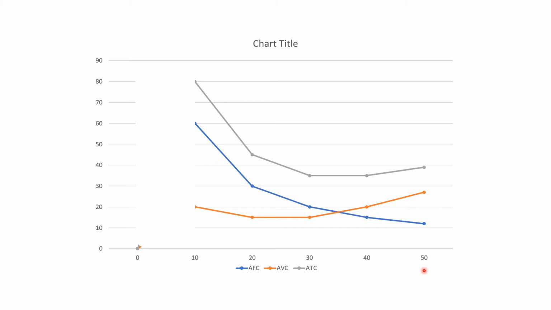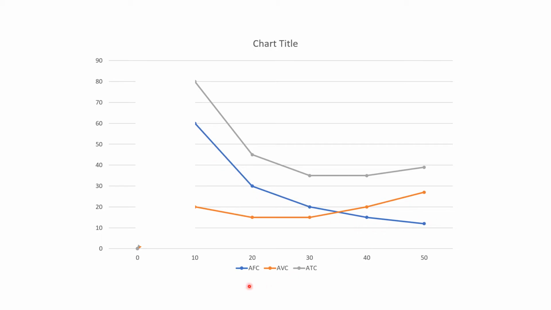Okay, and the reason for that is because you're taking a fixed number, 600, and then you're dividing it by a bigger number all the time, right? So you get a downward sloping curve. As the number of units increases, the fixed cost per unit decreases. That accounts for the shape of the curve.